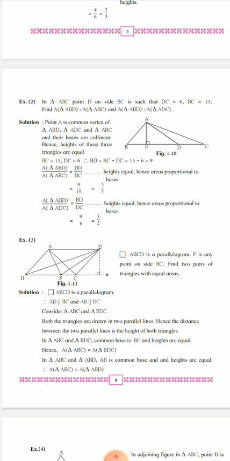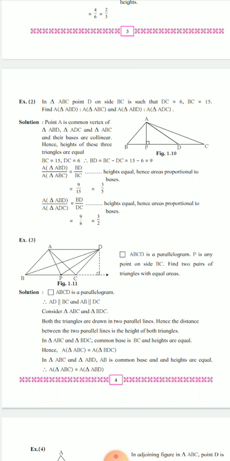As the given quadrilateral is a parallelogram, the height is the same. So we can say that the areas of triangle ABC and triangle BDC are equal.